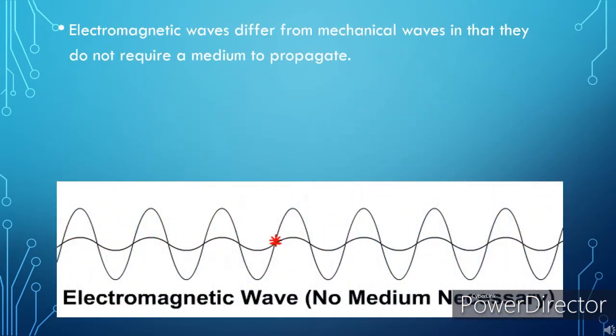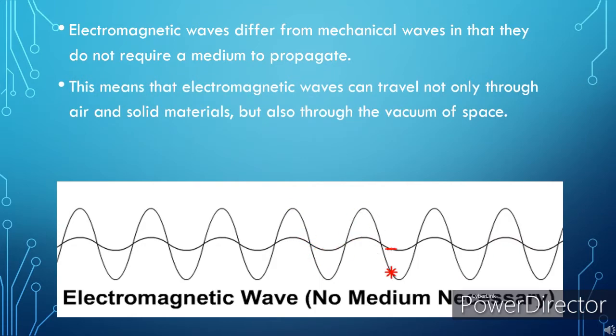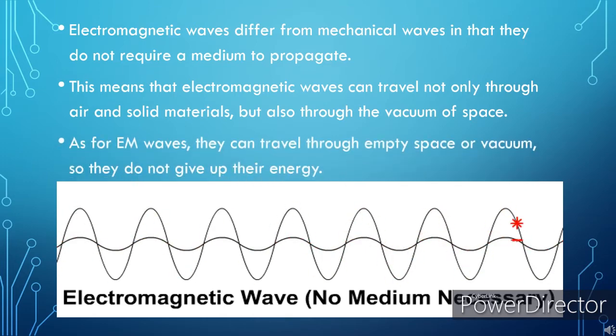Electromagnetic waves differ from mechanical waves in that they do not require a medium to propagate. This means that electromagnetic waves can travel not only through air and solid materials but also through the vacuum of space. As for EM waves, they can travel through empty space or vacuum, so they do not give up their energy.